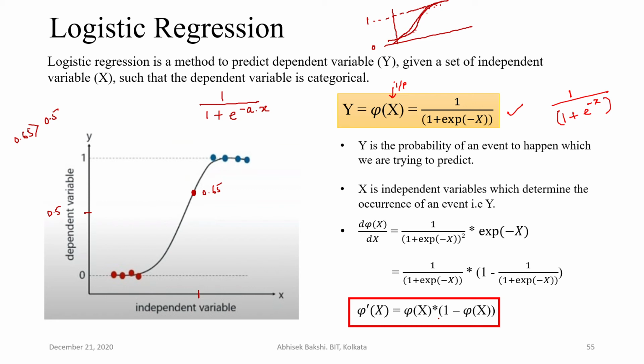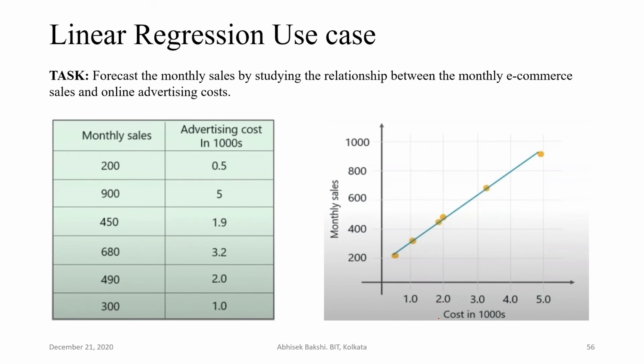Okay, so this is a very simple linear regression use case that we can easily understand. You see that we have monthly sales with respect to the advertising cost, and depending on that, the line has been considered, so that we can understand, for some particular advertising cost, what monthly sale I should expect.